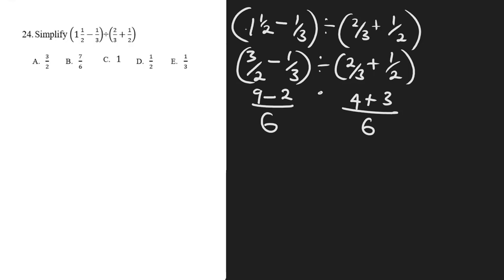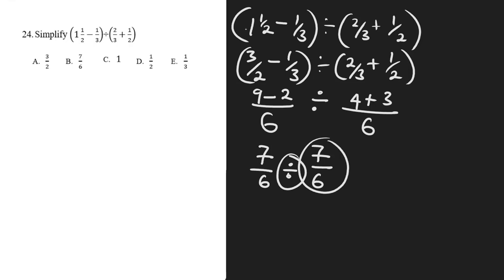So remember we have our division line. So 9 minus 2 is 7. So we have 7 over 6 divided by 4 plus 3 is 7 over 6. Can you see? So now, whenever you are dividing a fraction, the best thing to do is to take the reciprocal. If you take the reciprocal, this division will change to multiplication, and this fraction will turn upside down.